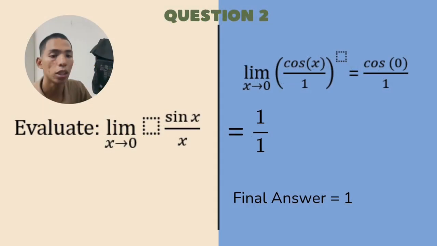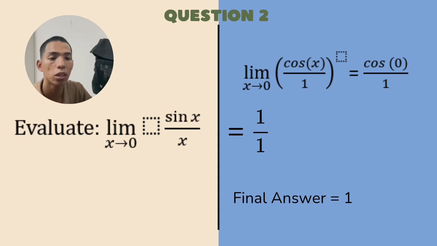Okay, we move on to the second problem. We need to evaluate the limit as x approaches 0 of sin x divided by x. This is a very important result in calculus, often called the fundamental trigonometric limit.